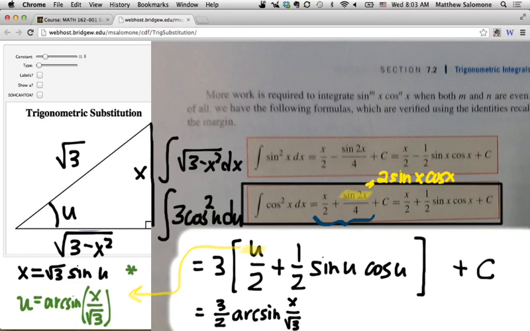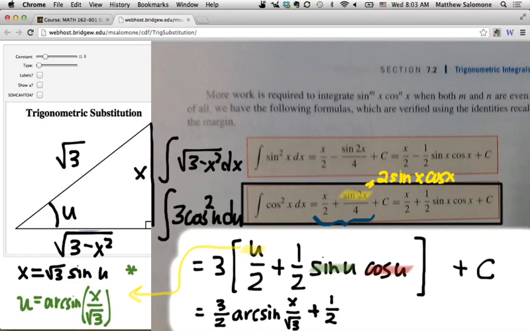Okay. And now for our second term, we've got a sine u to worry about. We also have a cosine u to worry about. Where are we going to get those values from? Get them from the triangle. After all, we know SOHCAHTOA.